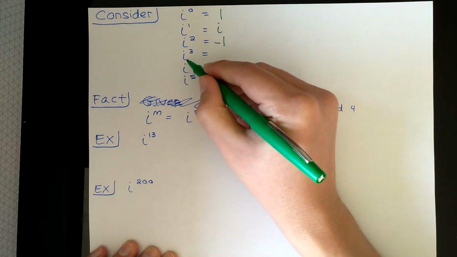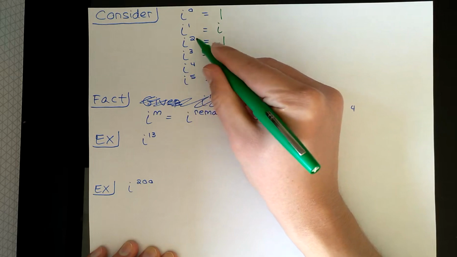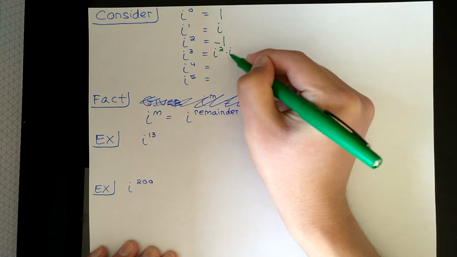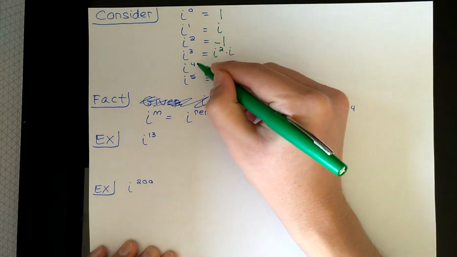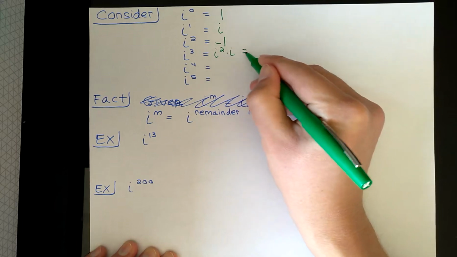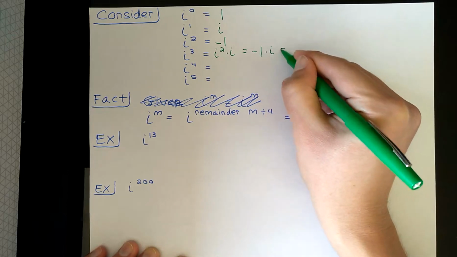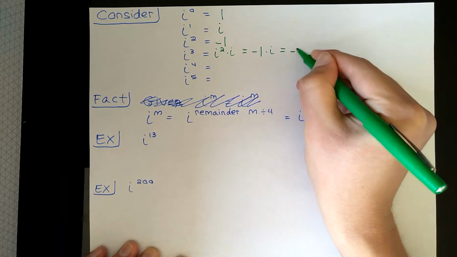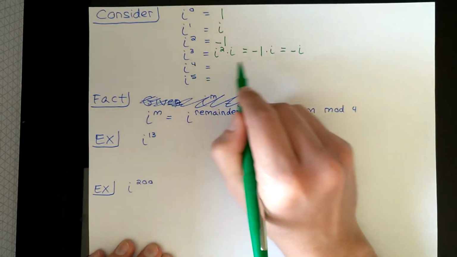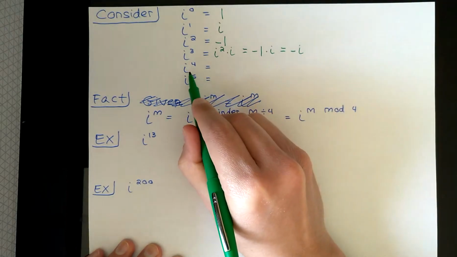So what's i to the third power? Well, if we take i to the second power and multiply it by another i, we would get i to the third power. And we know i to the second power is negative 1. So really we have negative 1 times i, which just gives us negative i. So i to the third power is negative i. Now i to the fourth power.